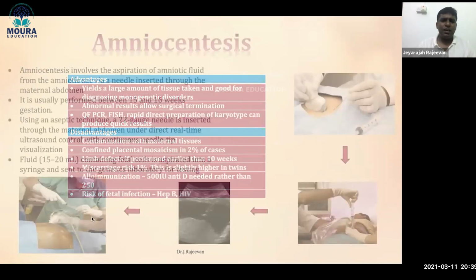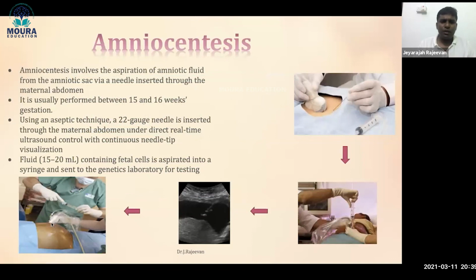Then the second one is amniocentesis. You can see here you are pricking the abdominal wall, ultrasound scan guided. Here you can see the needle draining the amniotic fluid. Usually we take 15 to 20 milliliters of amniotic fluid with a 22 gauge needle, which can be done around 15 to 16 weeks.